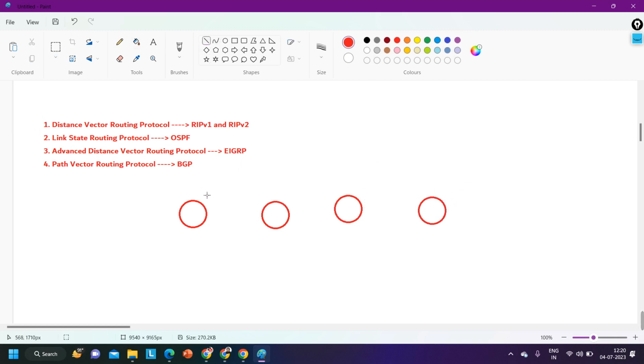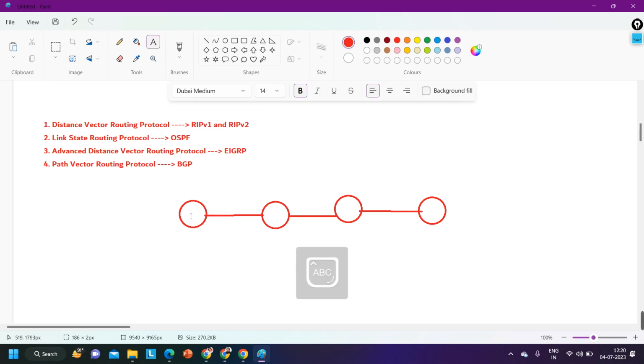We have 4 routers, all routers are directly connected: R1, R2, R3 and R4.